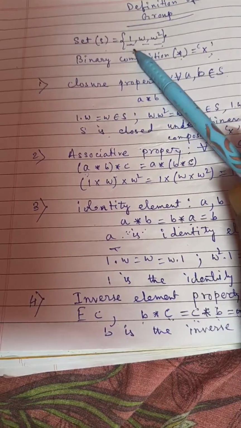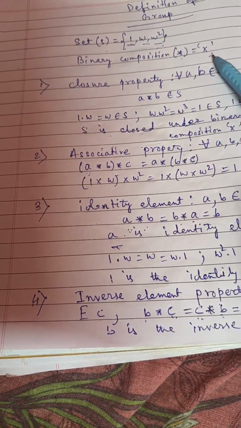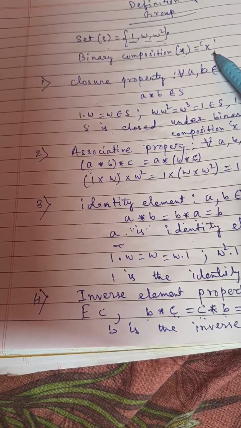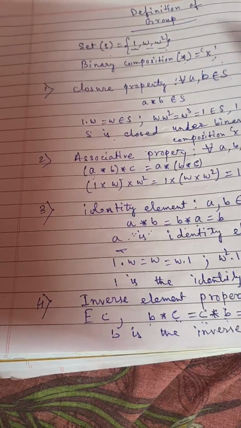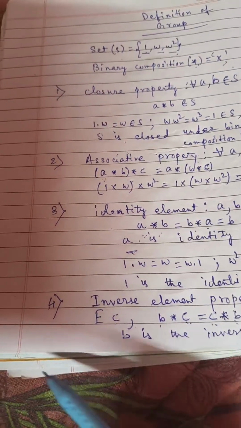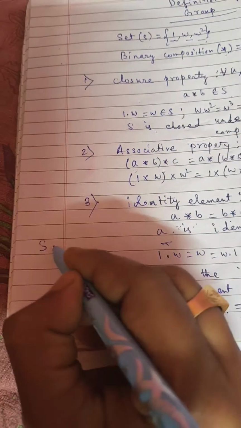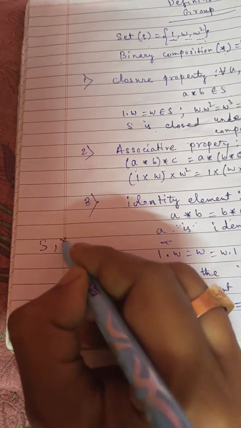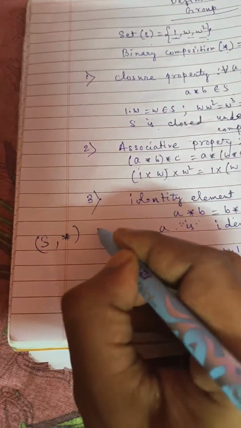The set under binary composition multiplication generates a group G. So we can write that S under binary composition star forms a group.